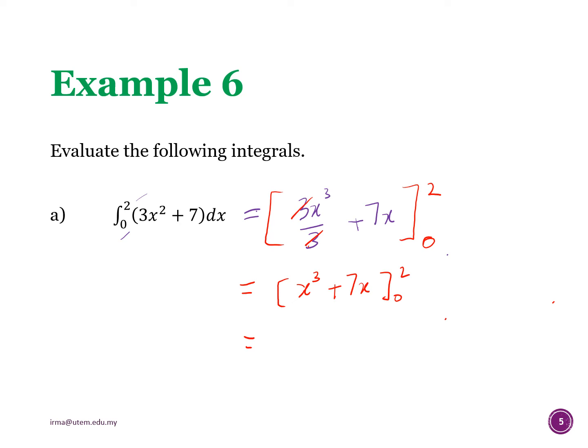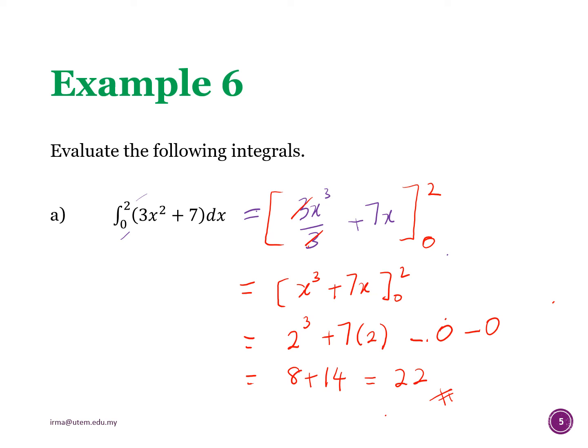Substitute with 2 first. So we have 2 cubed plus 7 times 2, and then minus 0. So you get 8 plus 14, which is equal to 22. Okay, so this is the answer for the definite integral.